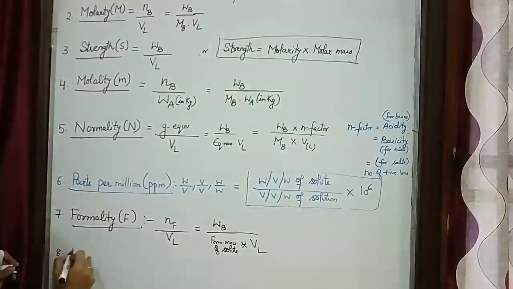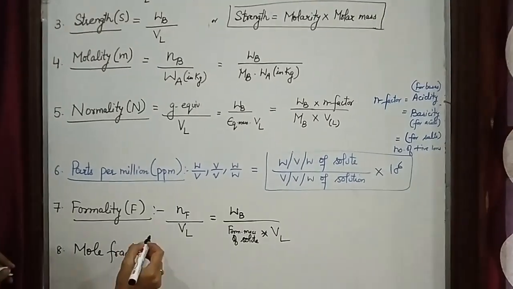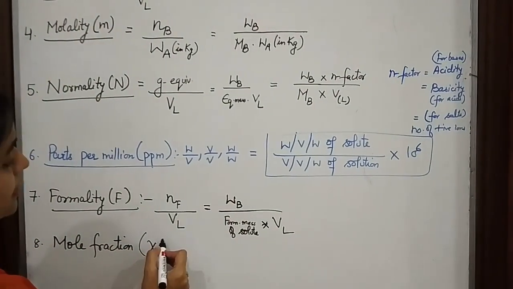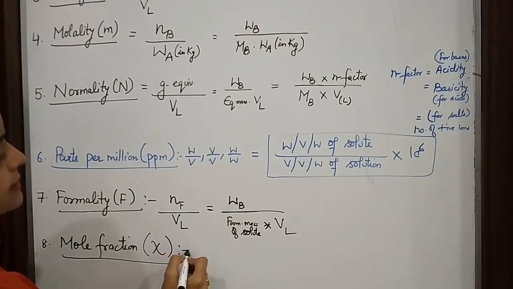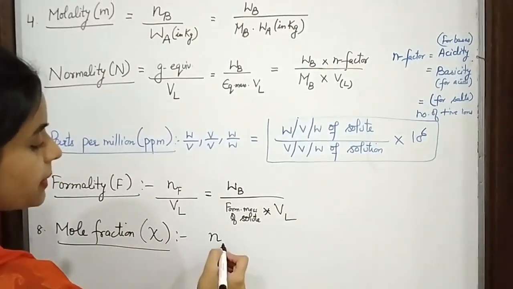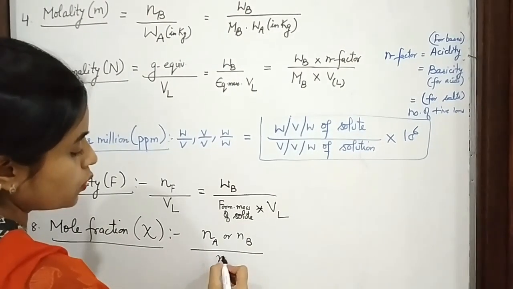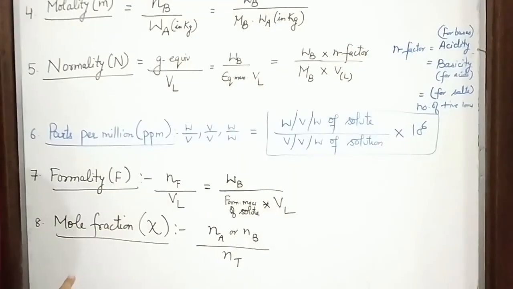Next is mole fraction. Represented by chi, and it is equal to number of moles of a component, it may be solute or solvent, upon total number of moles present in the solution.